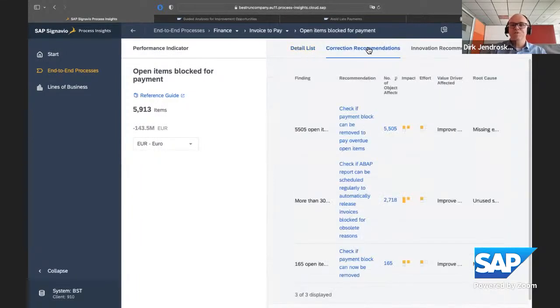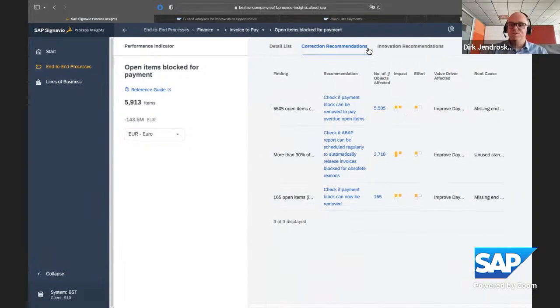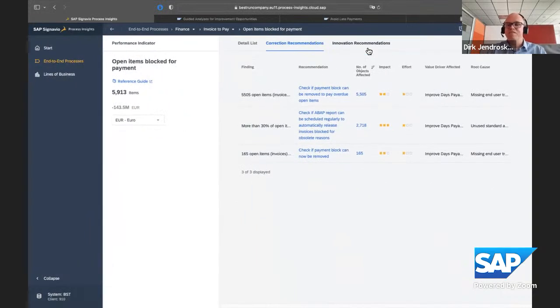And this is exactly what Timo is looking for and what he's after, because that would now help him fixing his problem. And what we do get for this very specific item are three correction recommendations, which are only triggered because we're seeing the issues. There might be more in the product, but you wouldn't see them.